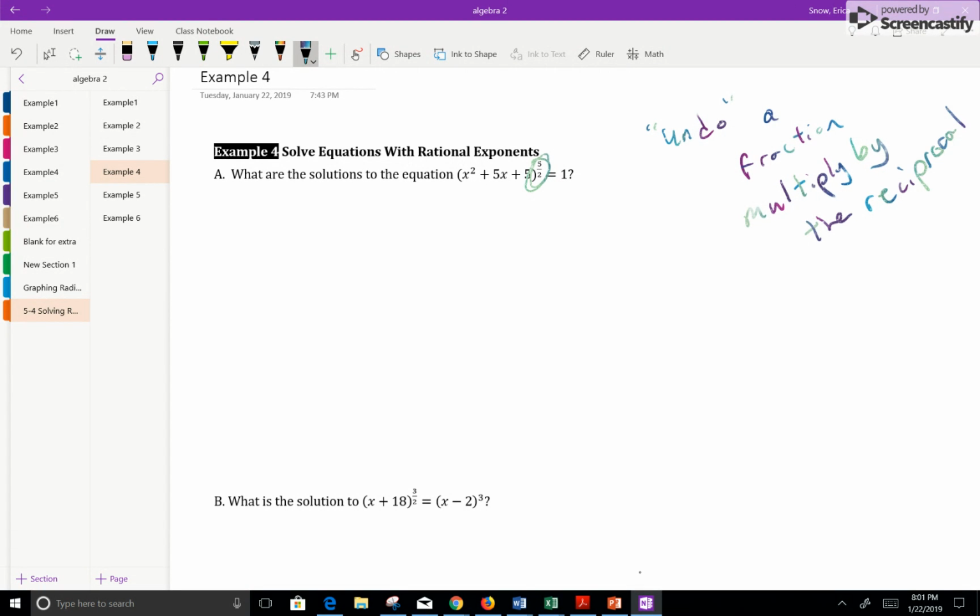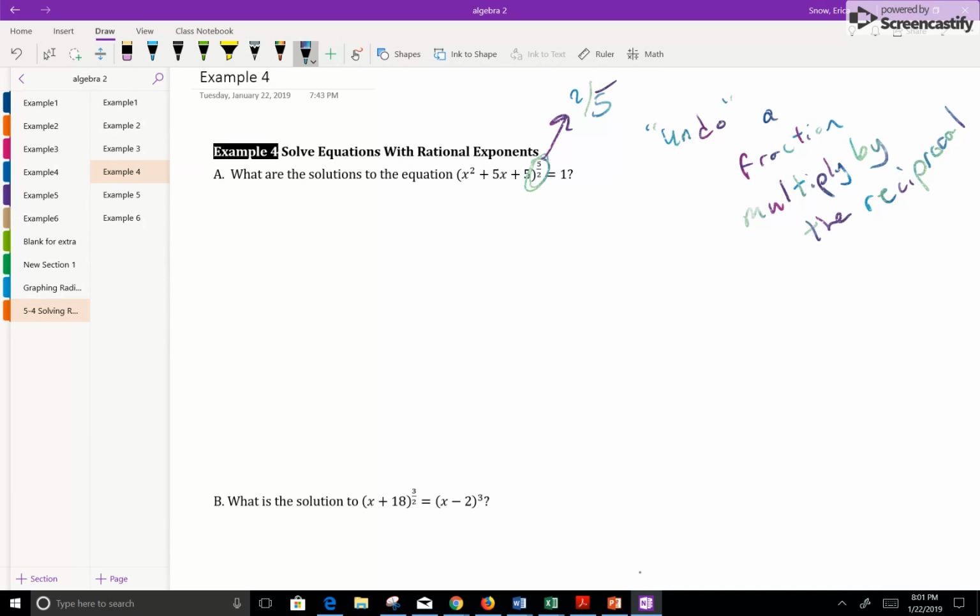Now, this isn't in your notes that you copied from Canvas, so you might want to just take an extra minute. But we have to remember that the reciprocal of 5/2 is 2/5. So that's going to be our magical exponent that we're going to use.